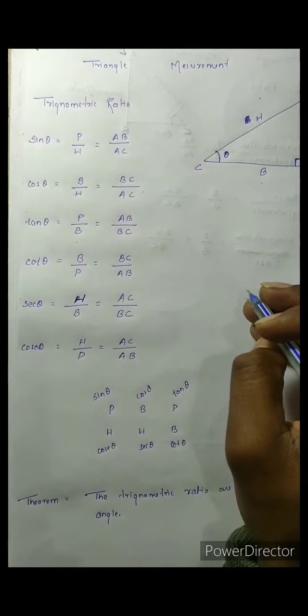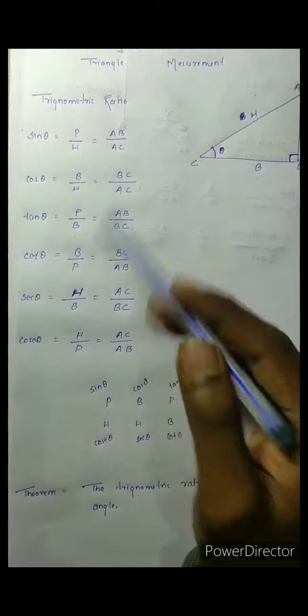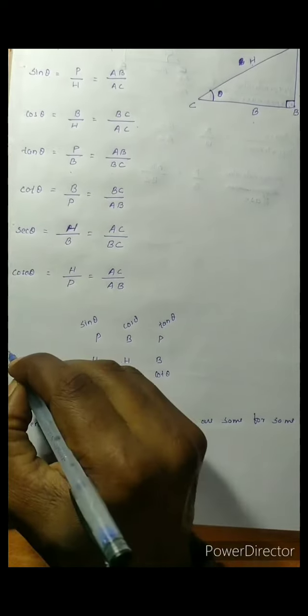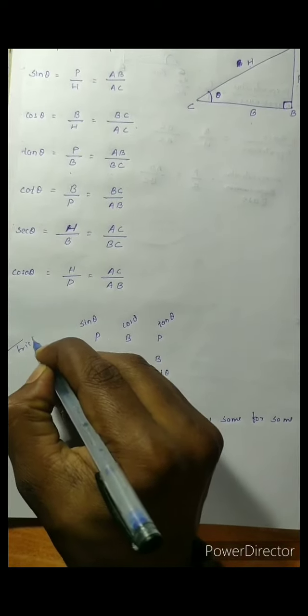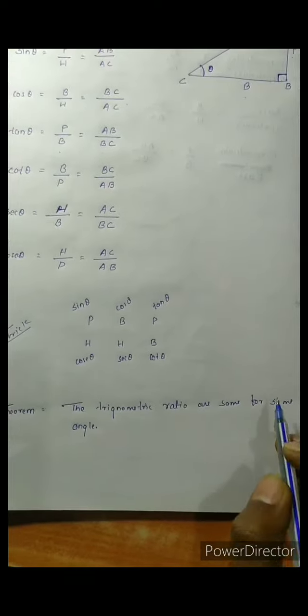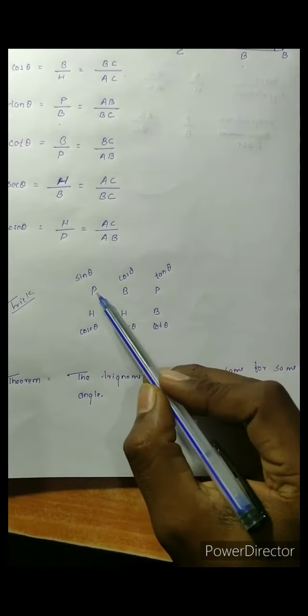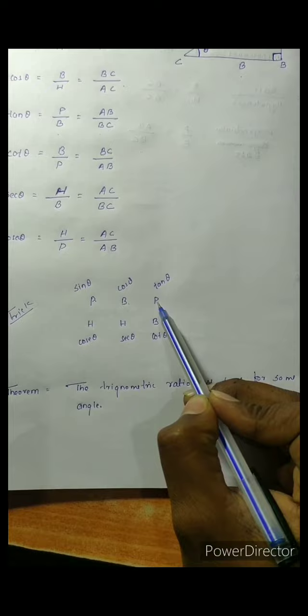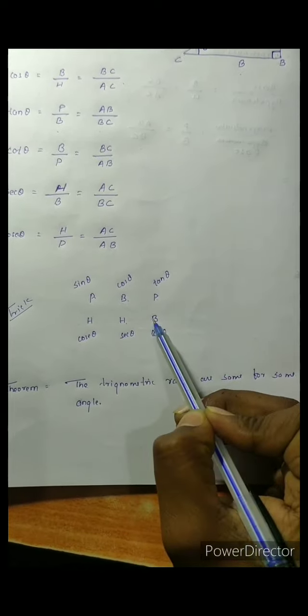You may have some problem in memorizing it, so you can use this trick: write first P, B, P, H, H, B, or in Hindi, Pandit Badri Prasad Har Har Bole, for memorizing it.